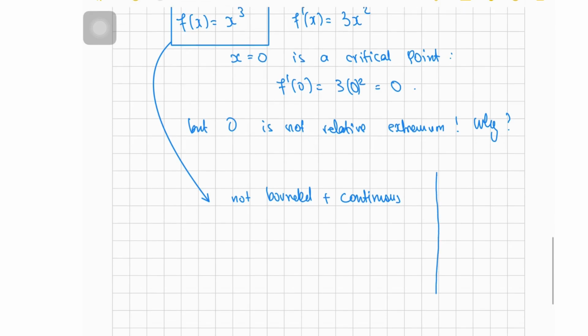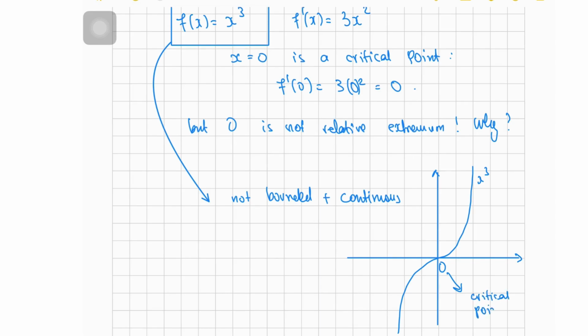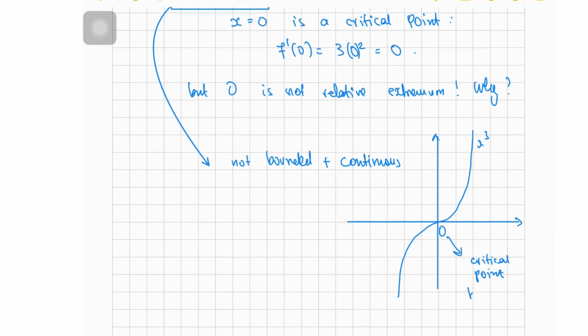If you recall the graph of x cubed, the function goes like this, and you can see f prime of 0 is 0, but it is a critical point, not an extremum.